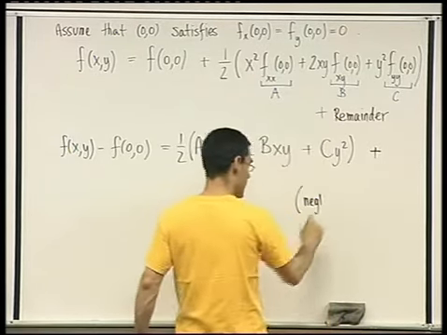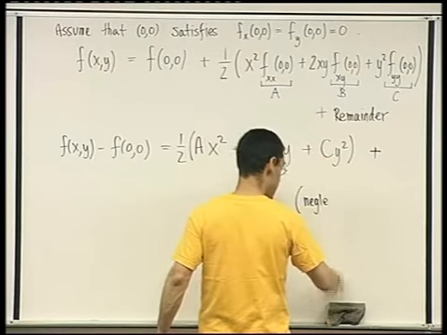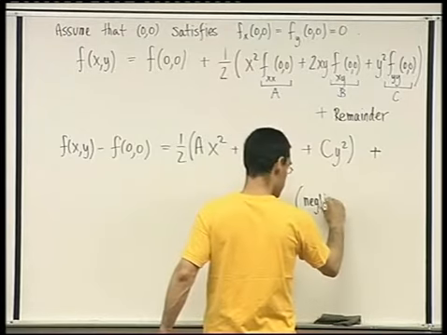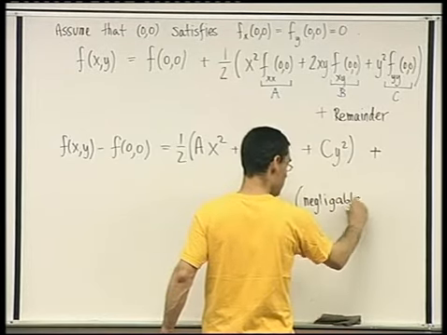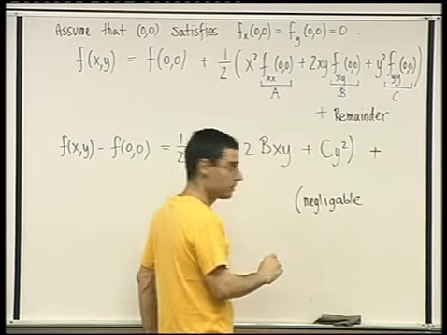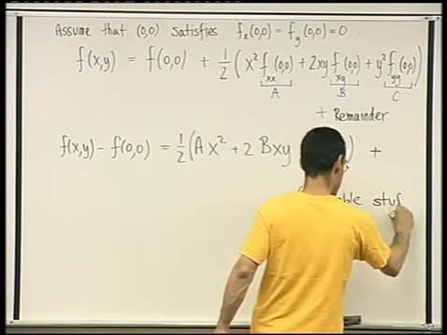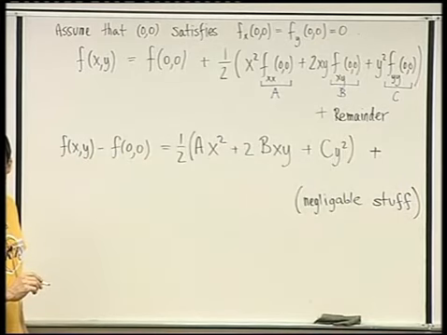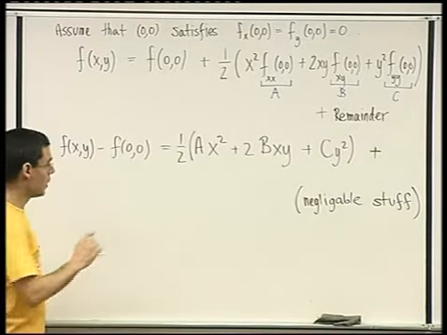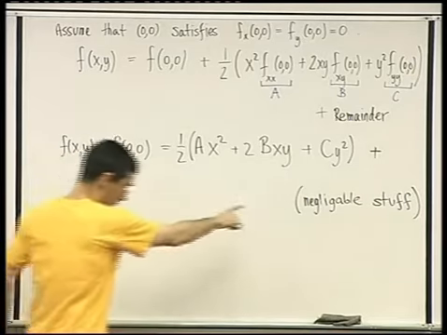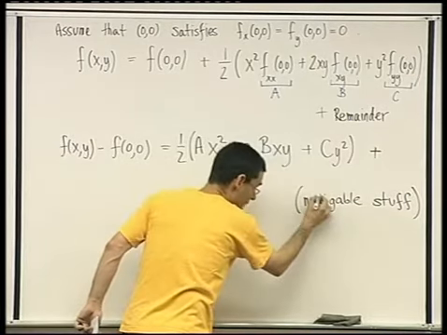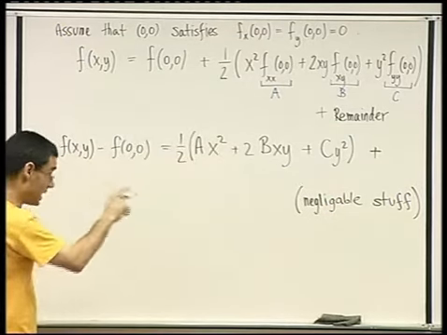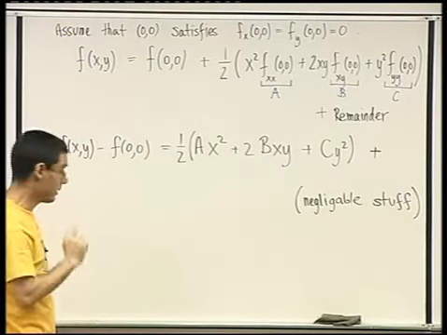How do I spell that? Does that look right? How do I spell stuff like this? Do you agree? Good? Okay. Now, we're going to see that this negligible stuff still plays a role. Don't just throw it away and forget it. It's going to have a comeback a bit later.